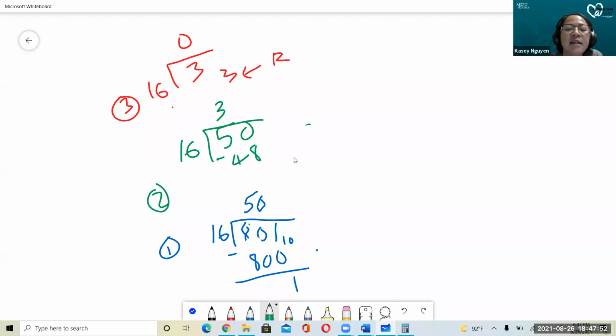When I subtract that, I should have a 2. So 2 is the remainder. Anytime you get toward the end and the number right here is lower than the number you're dividing, it's always going to be the remainder because it's less. So 3 divided by 16 is 0 times. 0 times 16 is 0. If you subtract that, you get a 3. It's going to be a 3 as a remainder.